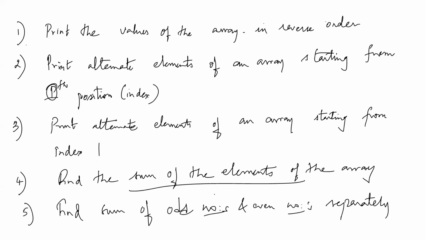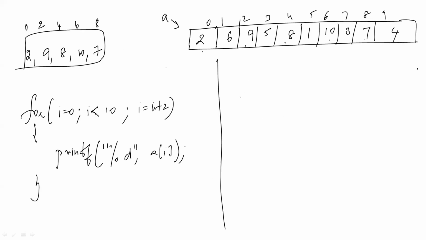The next question is alternate elements of the array starting from index 1. Means the same thing, but with changes. See, sir, I can write I equal to I plus 2 or I plus equal to 2.